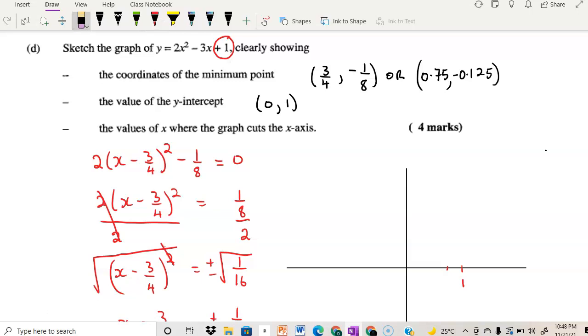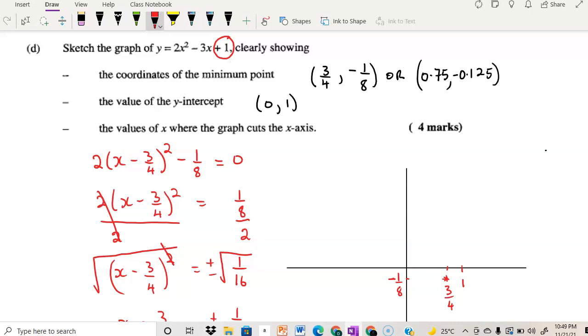And y is negative 1/8 on the y-axis about here. Negative 1/8. Let's see where these two lines are going to intersect. It's going to be about here, guys. So that is going to be our lowest point on the graph.